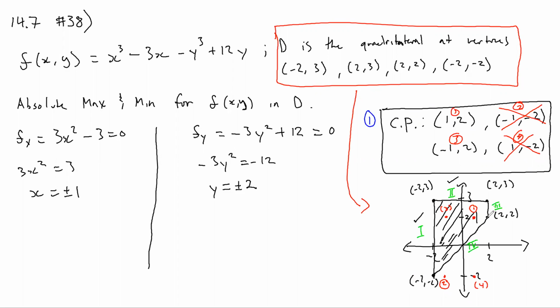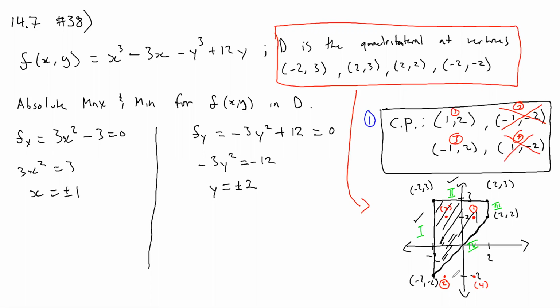We can see that this line is going from (-2, -2) to (2, 2), so we can say this has a slope of 1, and this line, line 4, is actually going to be y is equal to x.